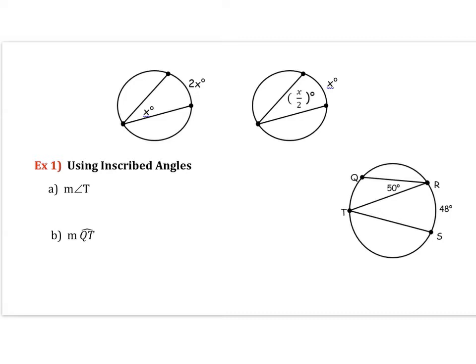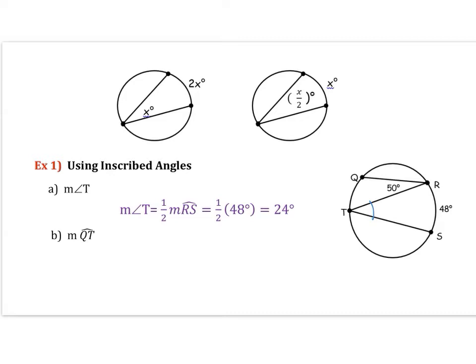So let's take a look at our example 1, where we can use our inscribed angles to figure out either arc measures or inscribed angle measures. So the measure of angle T, I'm going to find that out, which is right here. And it looks like its intercepted arc is RS, which has a measure of 48 degrees. So that means if we take half of 48, we will get the measure of our inscribed angle, which is 24 degrees.